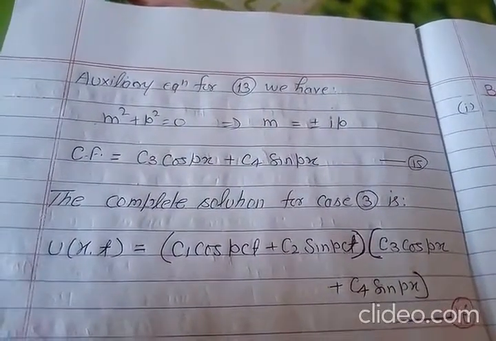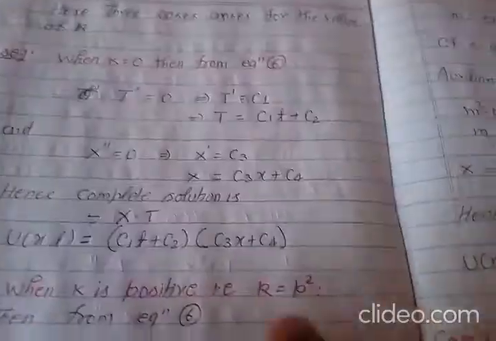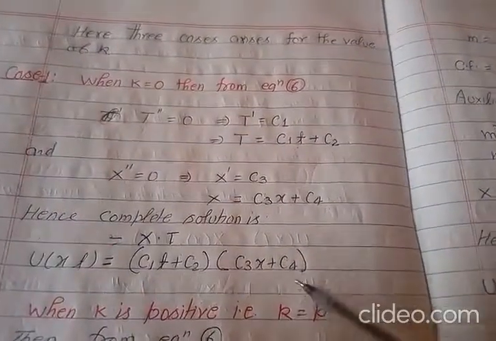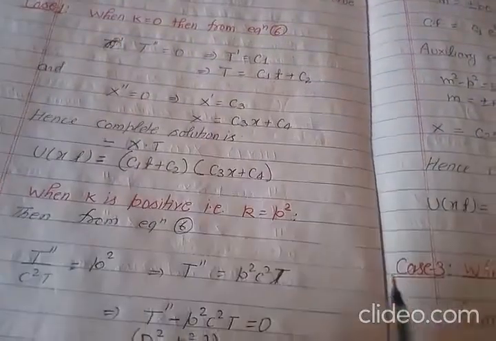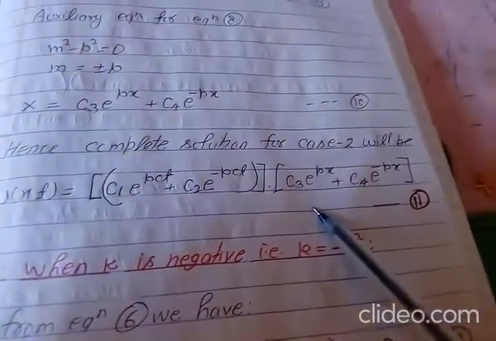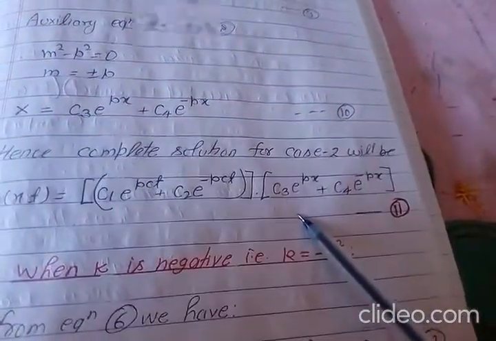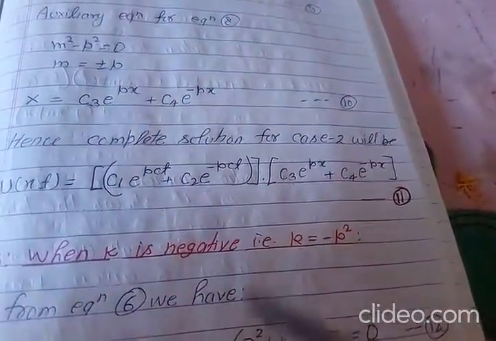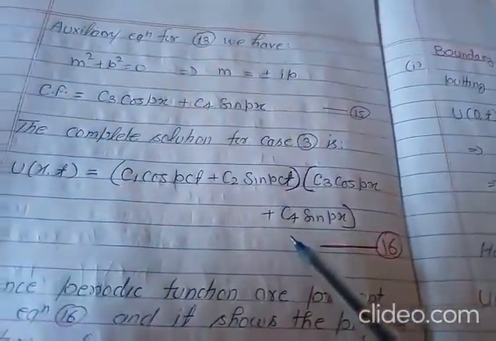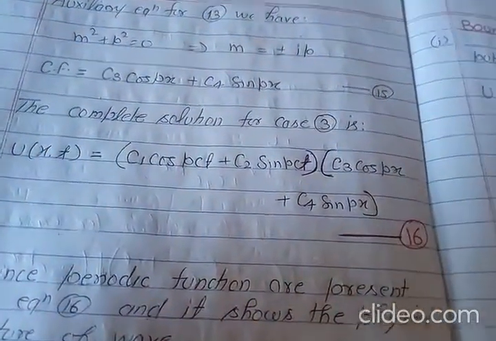In the first case, we have obtained an algebraic solution. In the second case, we have obtained an exponential solution which can increase or decrease depending upon the value of the exponentials and their constants. And in the third case, we have obtained the solution in the form of sine and cos functions.